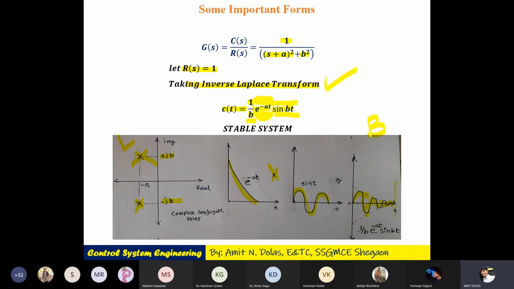And what about the area? If you want to compute the area, it is absolutely integrable, so you will get the area of this signal. So it is a kind of stable system. It is a stable system.